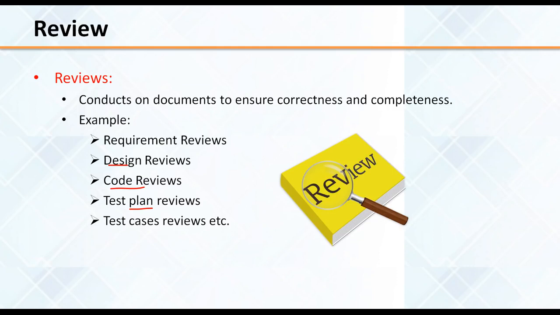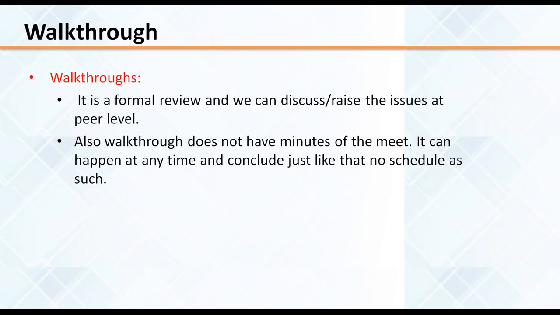Now, walkthrough. A walkthrough involves multiple people. In a review, only one person is involved: somebody gives you a document, you sit alone and review it. A walkthrough means multiple people.